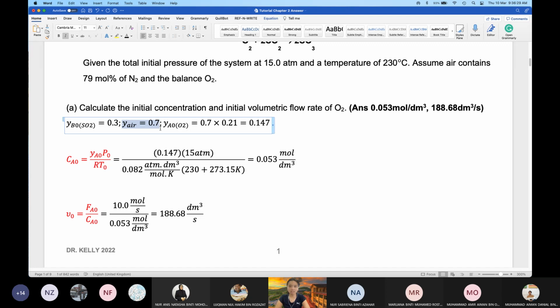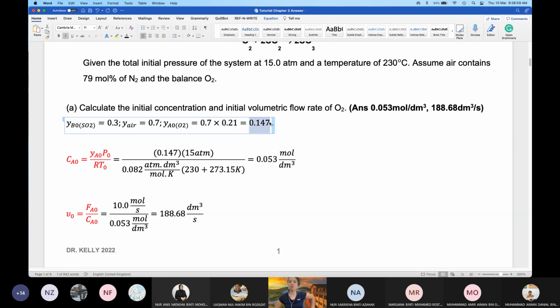Hence, how much is my mole fraction of oxygen gas, which is my YA0? Dia akan sama dengan, in my 70% air, I have 21% O2. So saya darabkan saja, dari dalam 70% air saya ada 21% oxygen gas. So I multiply these two, I will get 0.147.